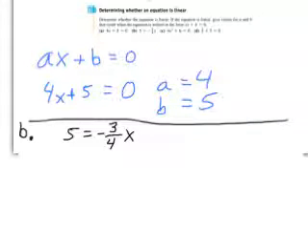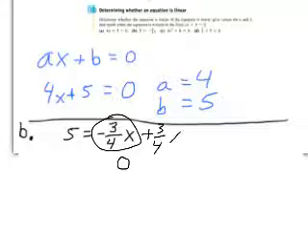5 equals negative 3/4 x is problem b. So that's not in the form, so we have to get it in the form. We want to have 0 over here. So how can we get 0? We have to add the opposite of this. So we'll add positive 3/4 x to this, but if we do it to this side, we've got to do it to the other.